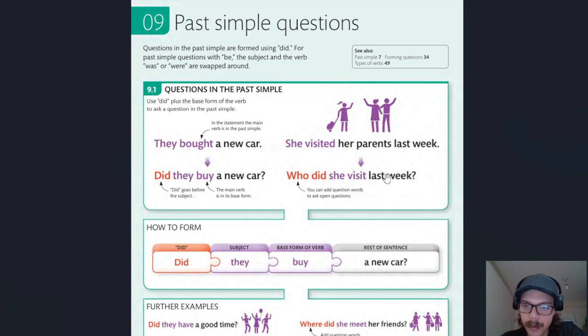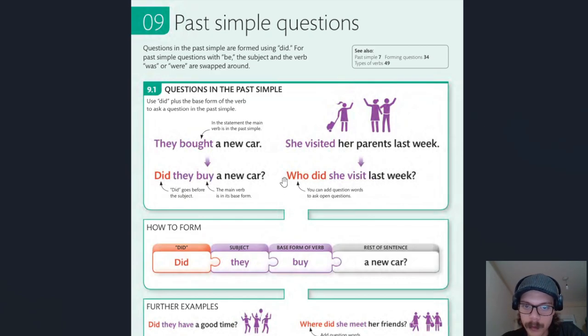Now, in the example they give you here, it's a different situation because you're making a different question for the same situation, for the same answer. Okay. If you remember what an open question is, which we talked about when reviewing questions in the present, this is the same. So you have the question, did she visit last week? Okay, which follows the same structure, right?